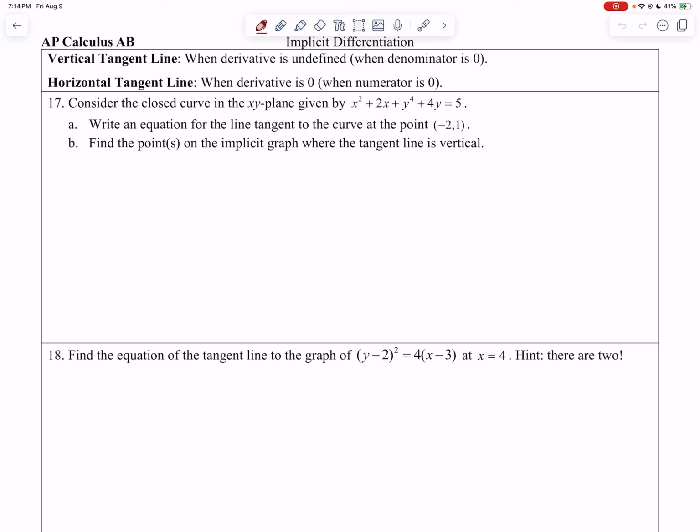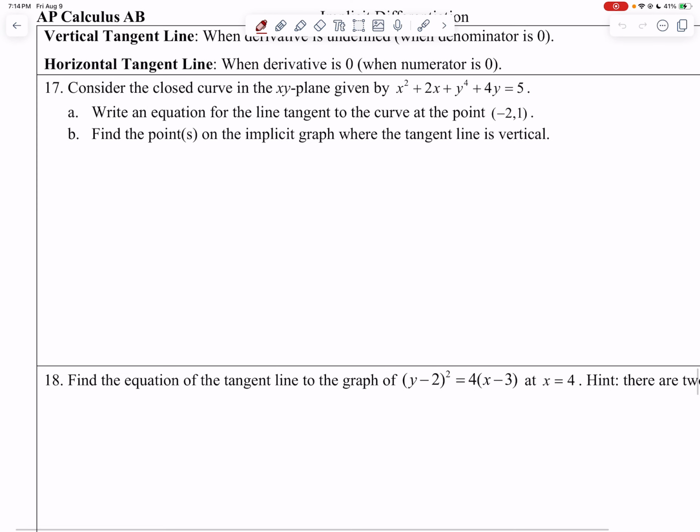All right, so what we're going to do is go ahead and take the derivative of our implicit function for part A. That's going to be 2x plus 2 plus 4y to the third y prime plus 4y prime is equal to 0. Then we're going to solve for y prime.